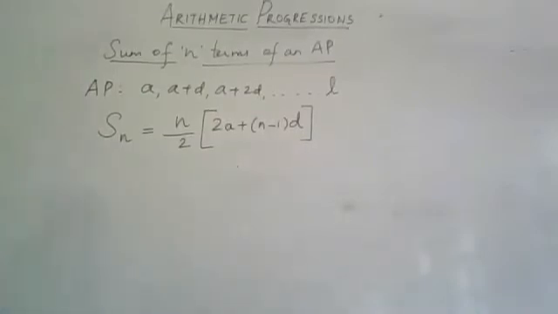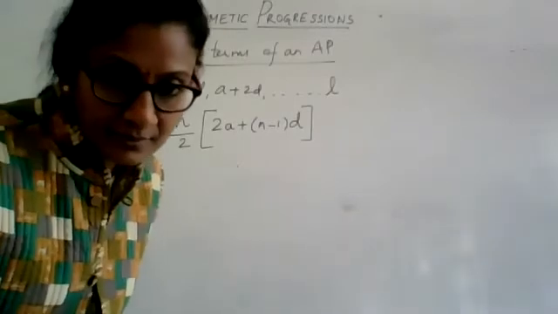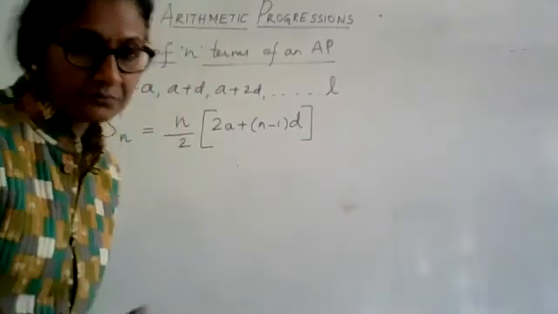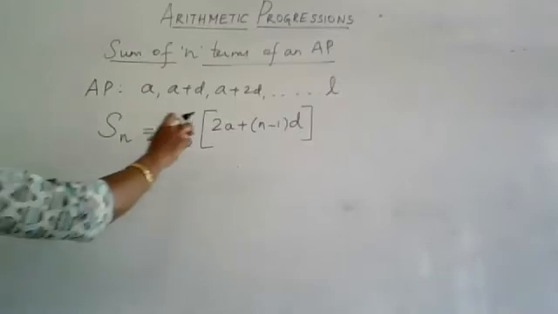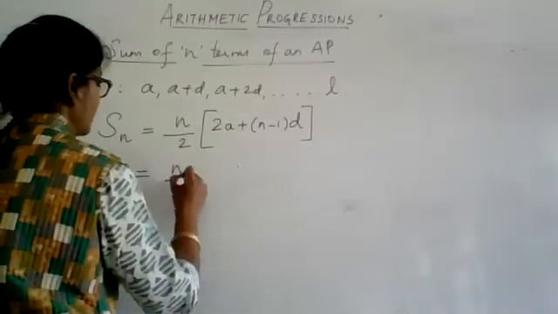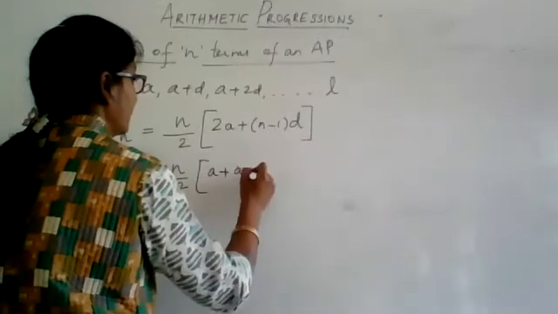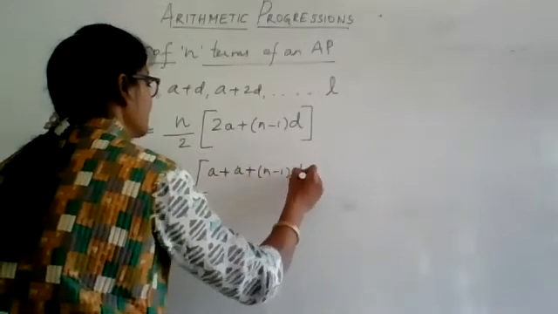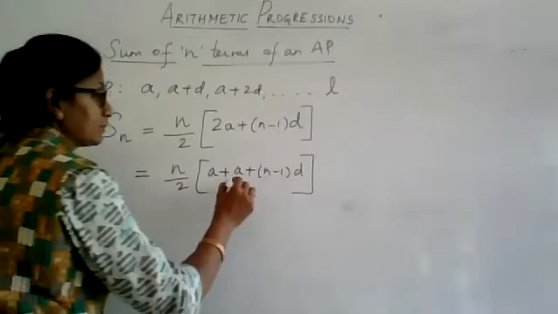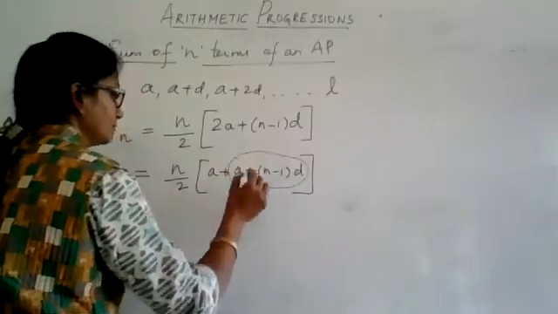The same thing can be split and written. See how I am splitting this to get the second formula. 2a can be written as a plus a, so we get a plus (a plus (n minus 1) times d). Now look at this part of your formula.